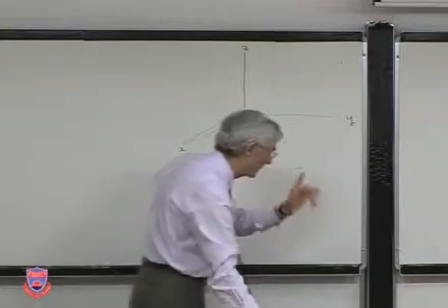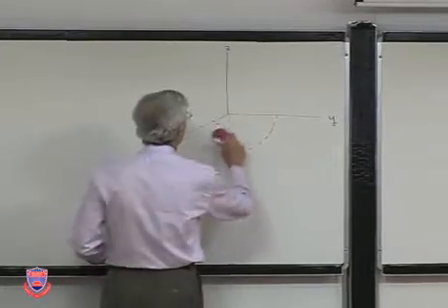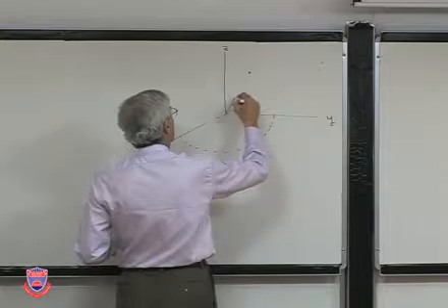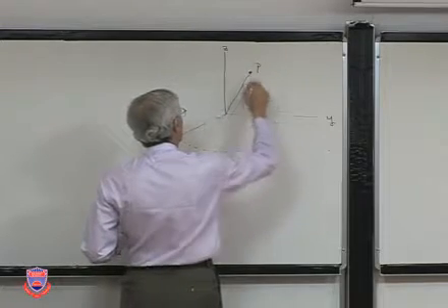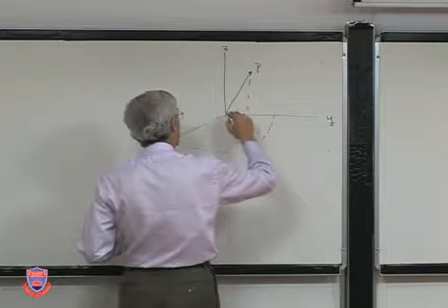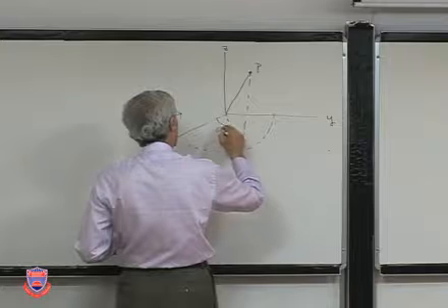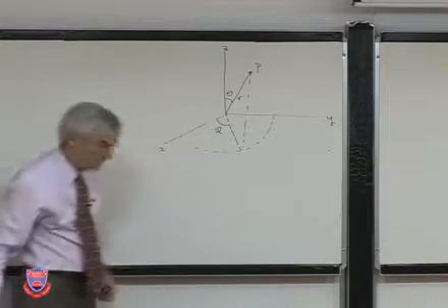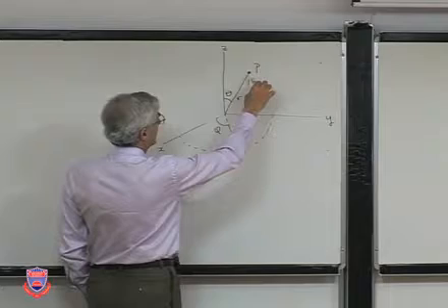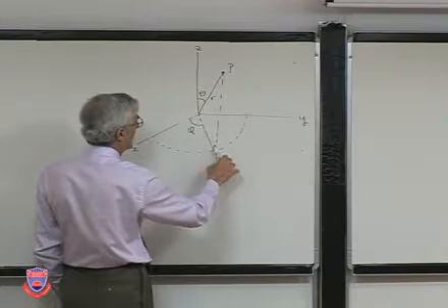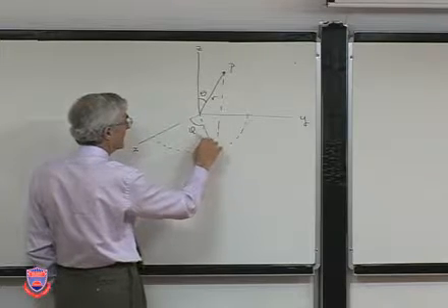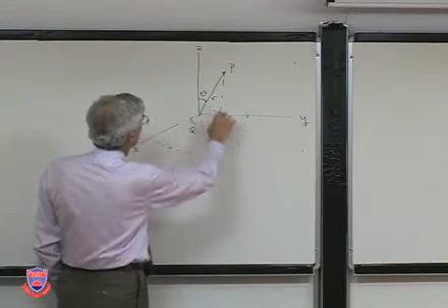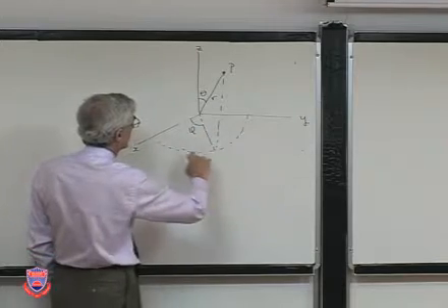Let me see, let me do this. Don't write it yet. Let's take a position here, point P. Point P on the XY plane is defined by phi and R. Okay, a distance R, and phi is on the XY plane.